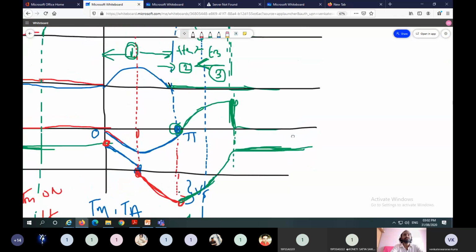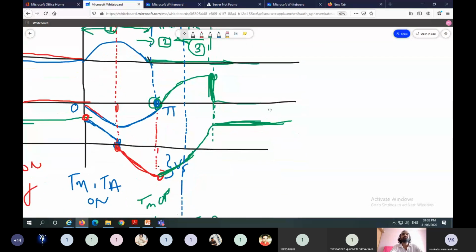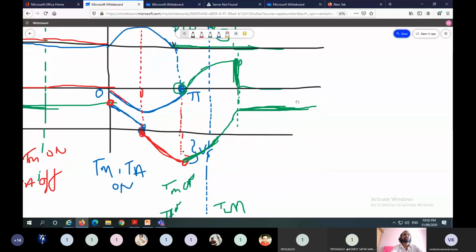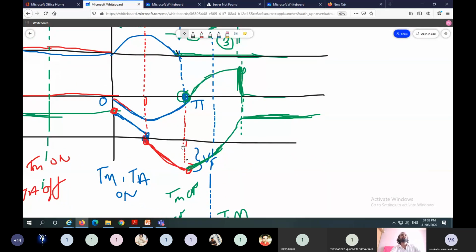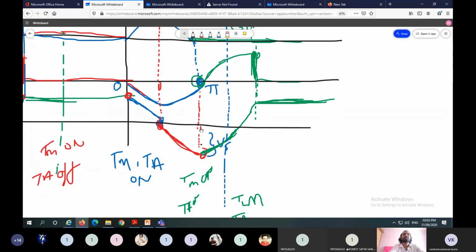So, coming to these waveforms, this one is the negative voltage. Here, this one is the negative voltage.